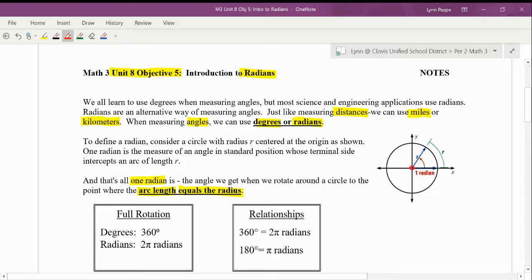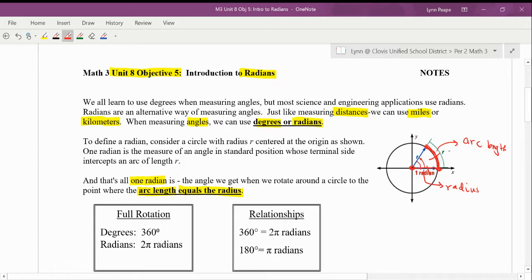When I go from here to here, that is what we call the radius of a circle. When I go the full distance around a circle, we call that the circumference. But when I only go a partial way, that is the arc length. And when those distances are equal to each other, we generate a unit measure of 1 radian.